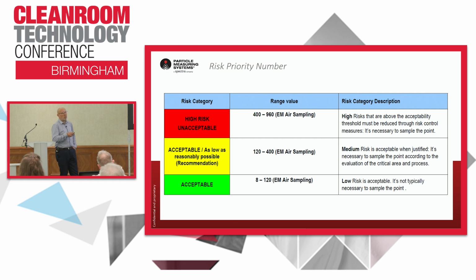Depending on how many parameters we're looking at, the scales vary from assessment to assessment. But we might say in this example, the maximum number was 960, but over 400 is a higher, unacceptable risk, then a medium, mid-level risk, low as reasonably possible, and an acceptable level. So looking at each functional area and calculating this risk priority number really starts to help us focus on what to do.